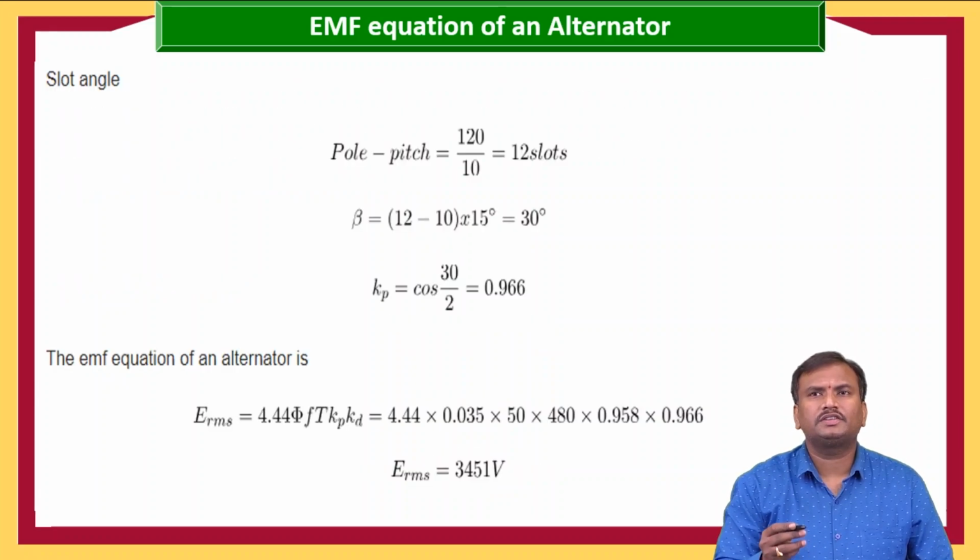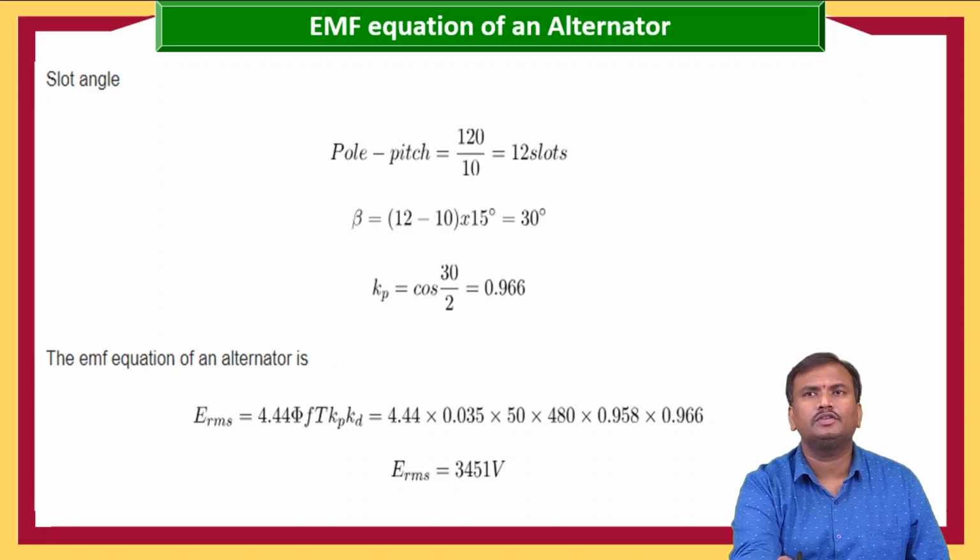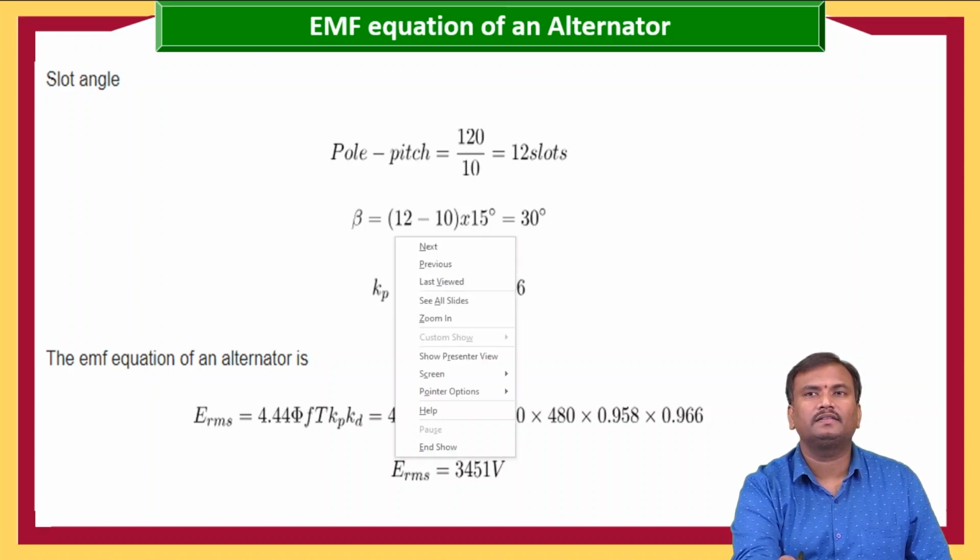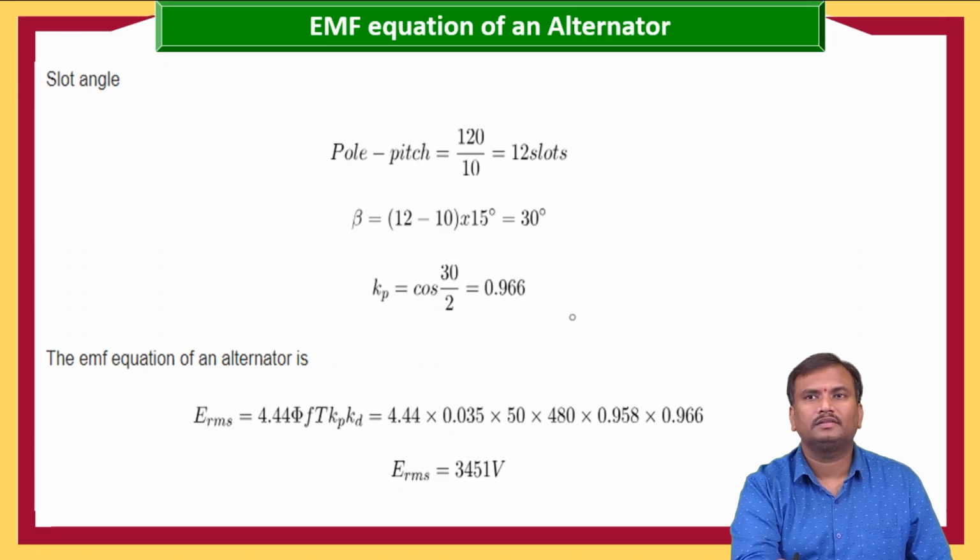The pole pitch is 120 by 10, which is equal to 12 slots. So beta is equal to 12 minus 10 into 15, which is equal to 30 degrees. So here, when the beta value is 30, pitch factor Kp is equal to cos 30 by 2.